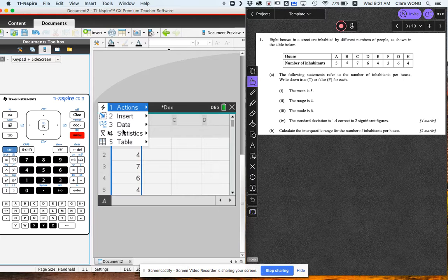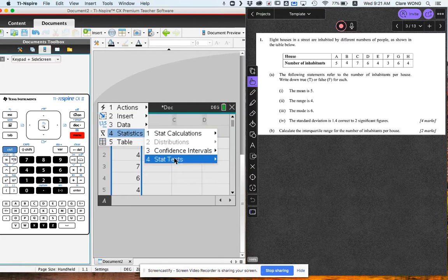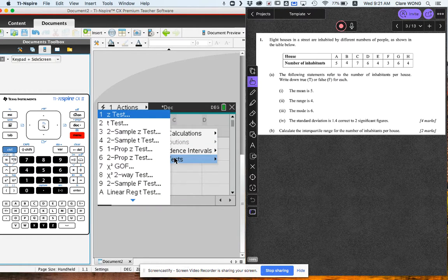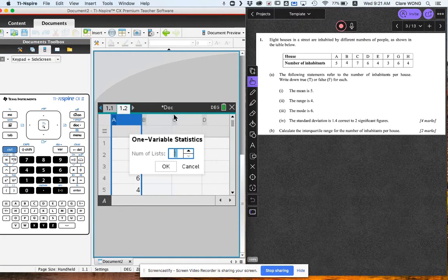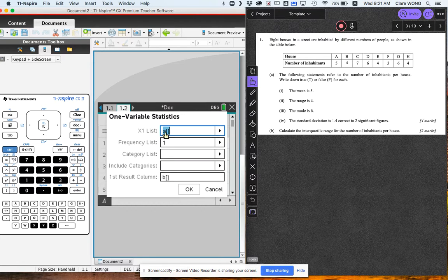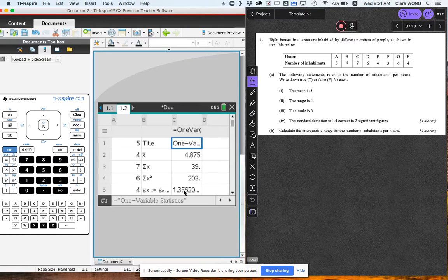You go to menu, statistics, stat calculation. This is your one variable statistic. You only have one variable, the number of inhabitants. There is only one list, and it's in column A. The calculator will put the results in your column B. So these are the results.